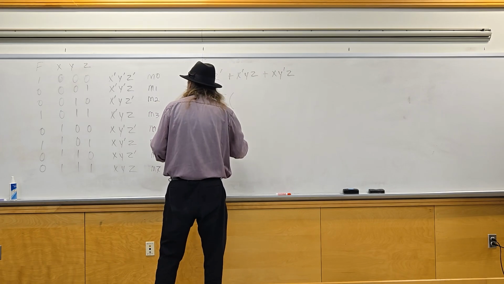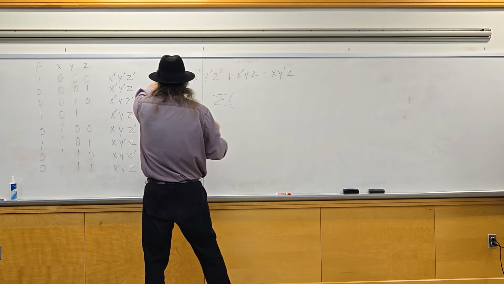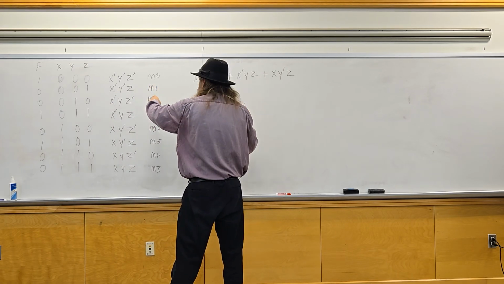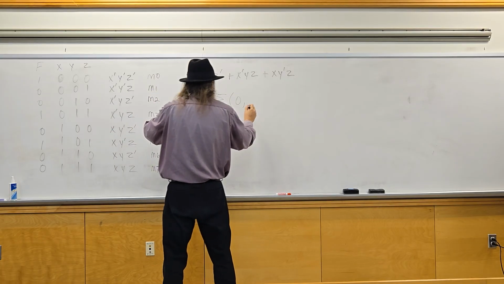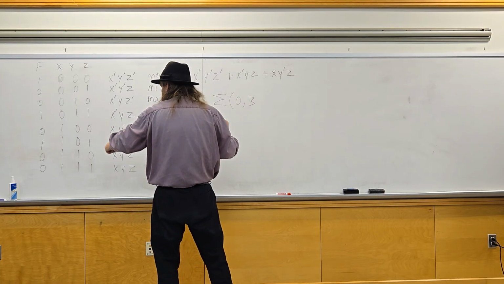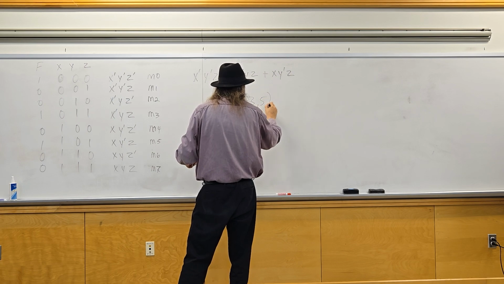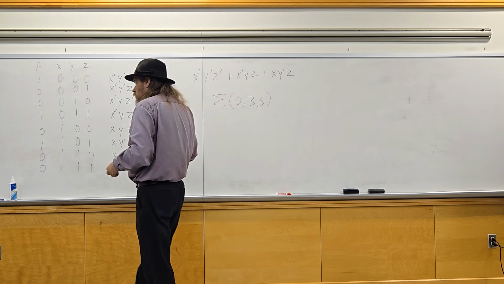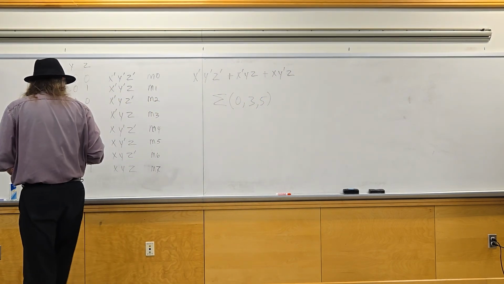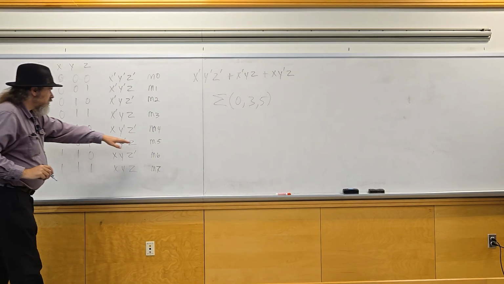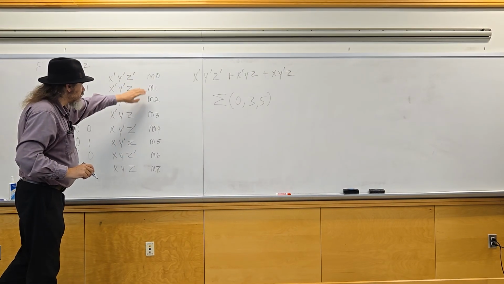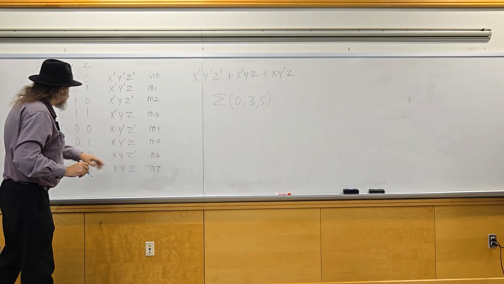Sigma, and then that's 0, 3, and 5. Because these are M0, M3, and M5.